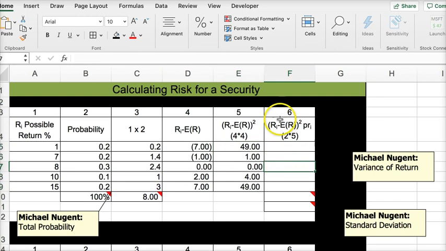All right. So the last column, column 6, we're going to take basically the probability in column 2, and we're going to multiply it by the result in column 5. So we see this particular result here is column 5, and multiply it by the P sub i, which is probability. So I should probably put P sub i here, so you know that that's the variable.